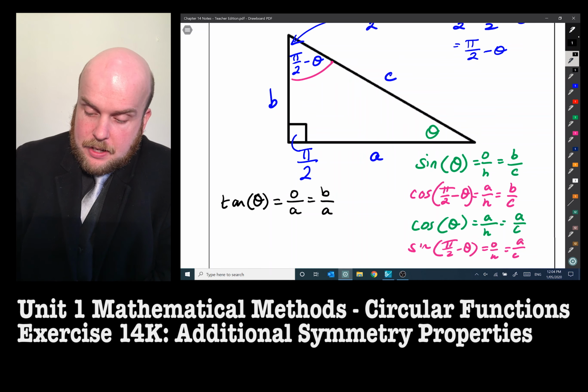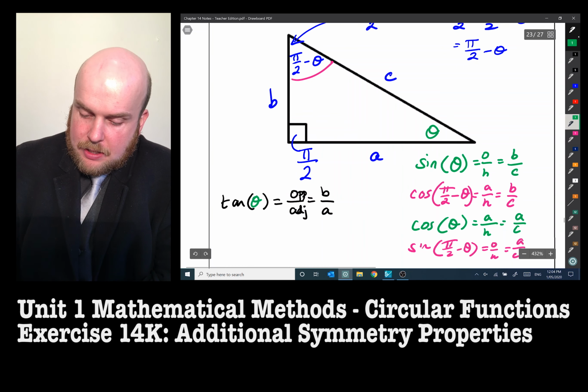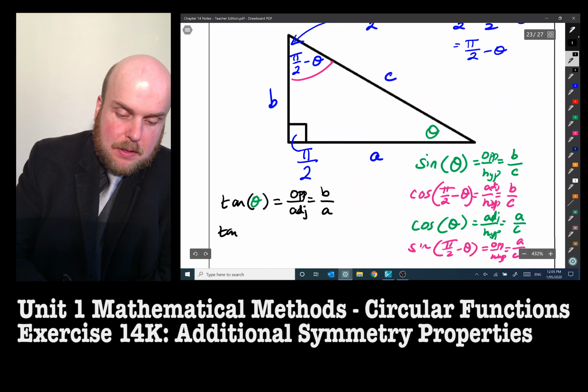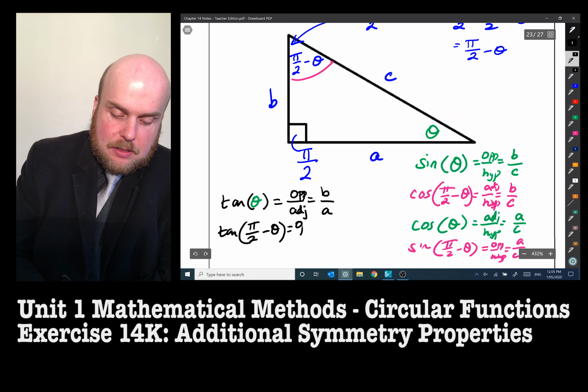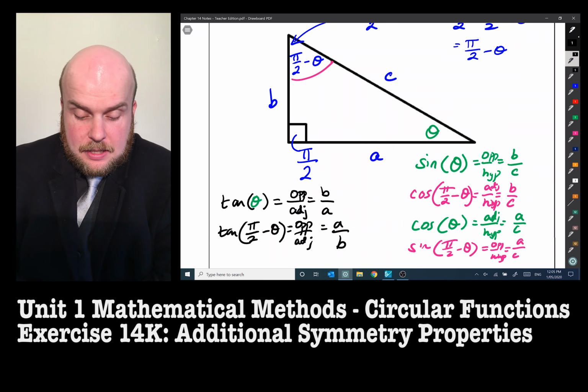I should just keep that color coding up. So therefore, tan of pi on 2 take away theta, again, that's opposite over adjacent, and that is equal to A over B. So in other words, it's the upside down version of the first tan.